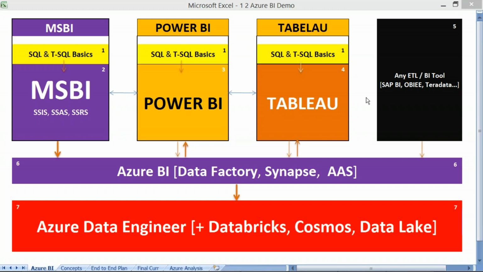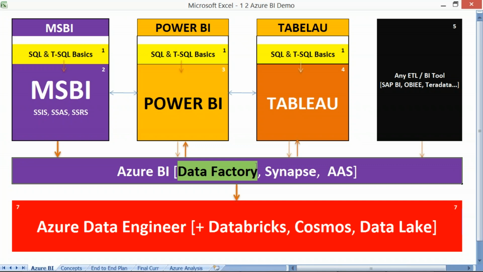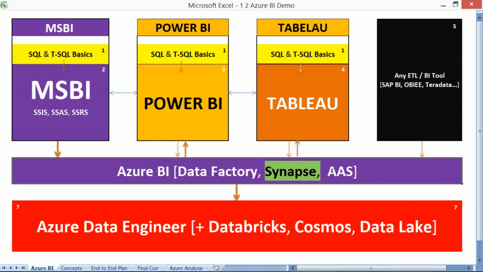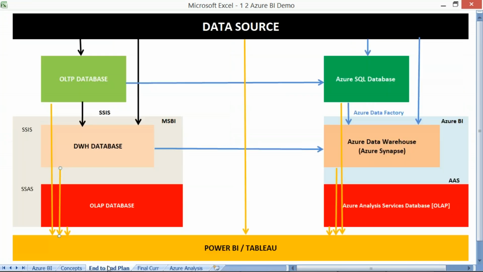We understood that Azure BI is more into ETL, right? Plus data warehouse analysis. The end-to-end plan is on my screen, and this is your Azure BI on the right side.